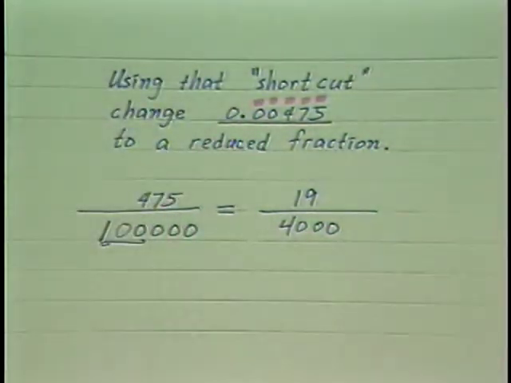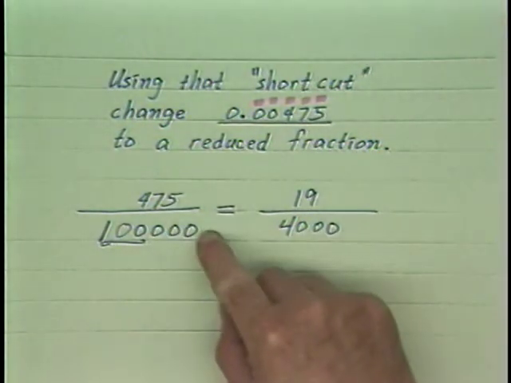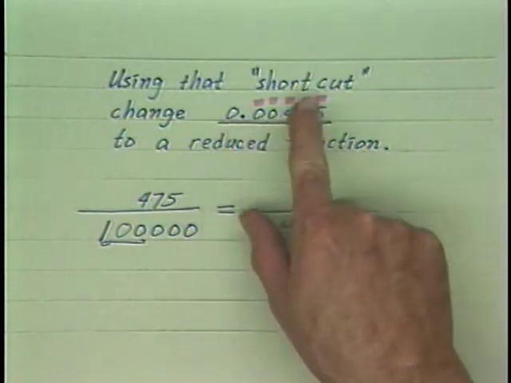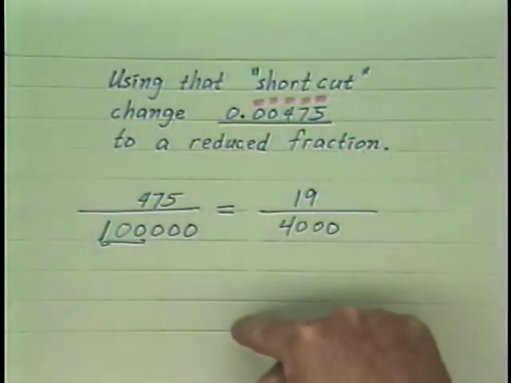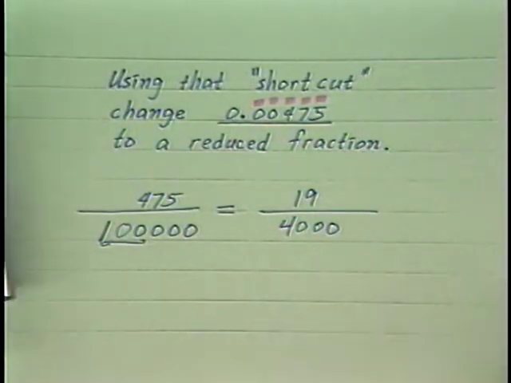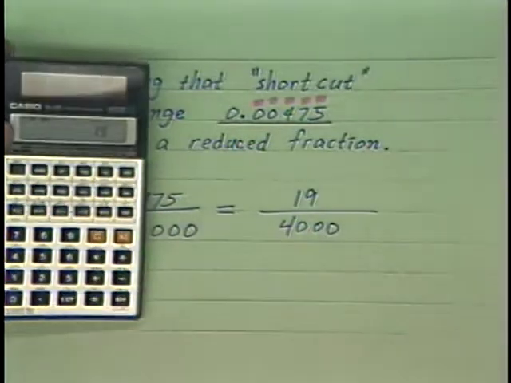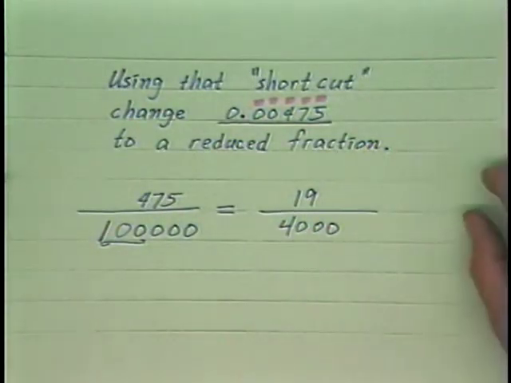Many people feel that because of calculators, you do less and less arithmetic. Not necessarily so. See, the calculator cannot change a decimal to a fraction. You have to do that. However, you can use the calculator to help you. So the calculator is a useful tool, but it does not replace arithmetic.